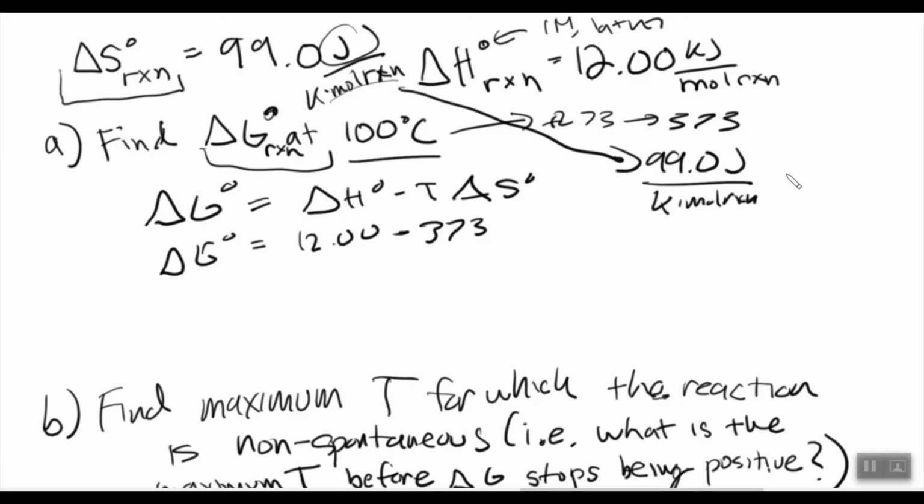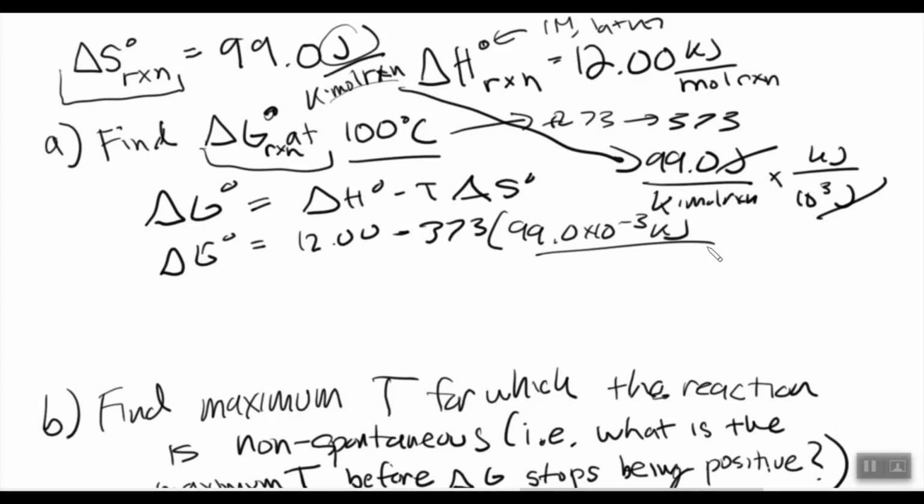We want it in kilojoules, so we know that there are 10 to the third joules per kilojoule. So essentially, we just got it. So in the end, the delta S will be, let's see, 99.0 times 10 to the negative 3 kilojoules per K times mole of reaction.